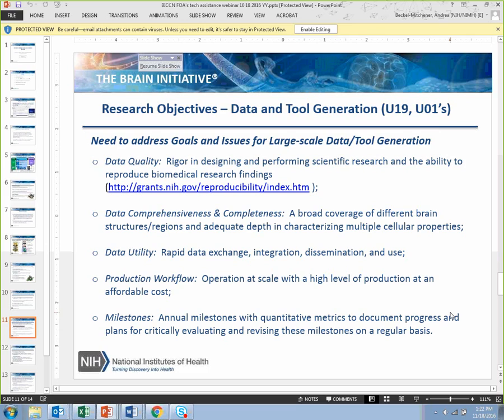And the last, each application must also define a clear set of annual milestones with quantitative metrics to document progress and plans for critically evaluating and revising these milestones on a regular basis.